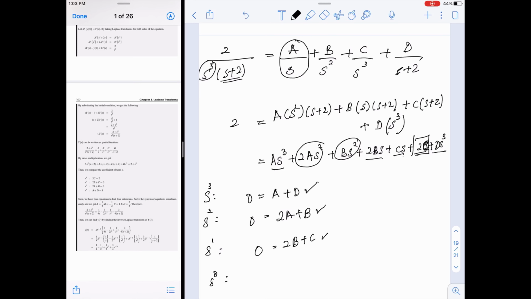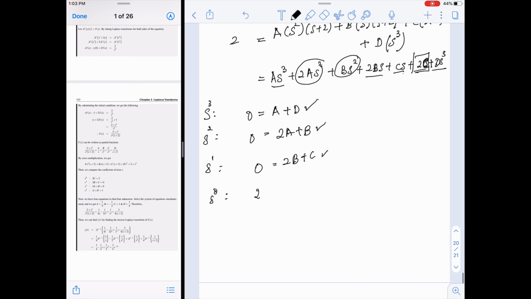You have 2 for the left hand side and 2C for the right hand side, where you can get C equal to 1. When C is equal to 1, you will get your B by substituting C over here. So you will get B is negative 1 over 2. When you get B, you will get A. So what is your A?